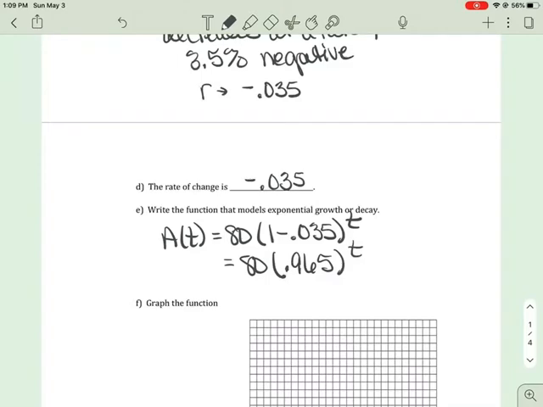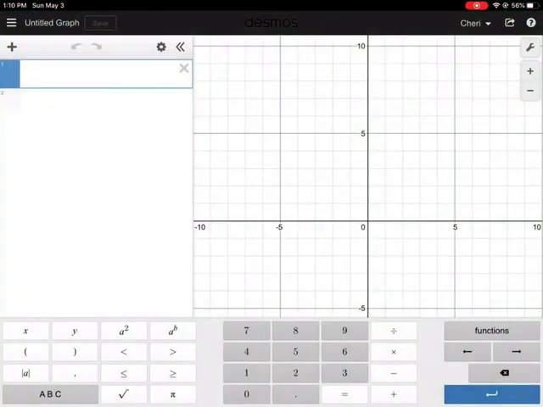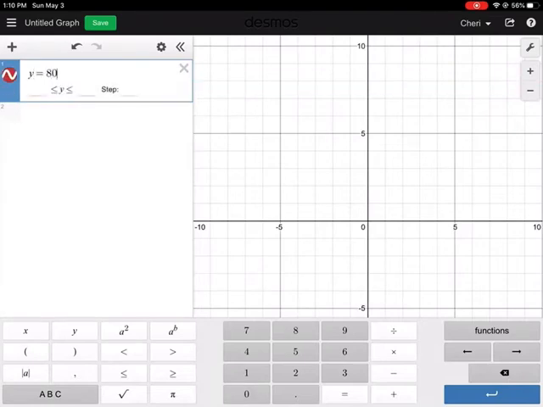So we're going to try and graph that. The best way I can tell you to do that is use Desmos, unless you want to pick some points and put them in. We know it's going to cross the y-axis at 80, because t is going to be 0 time. So let's go to Desmos and put this in. We're going to do y equals 80 times 0.965 to the x.